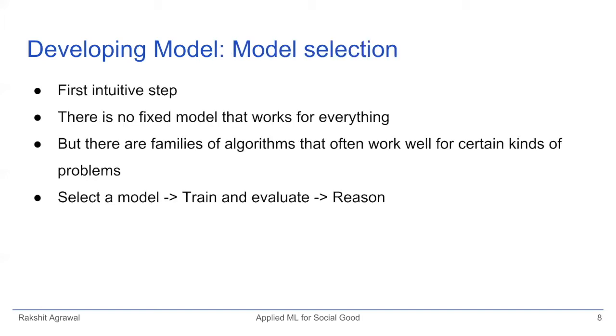But how do you really select a model? After enough practice, it's not that difficult a step, but when entering the process, it's a question where you apply your intuition, looking at the data, looking at the problem. You get a sense of what kind of classifier, what kind of learner would be able to deal with this data, right?